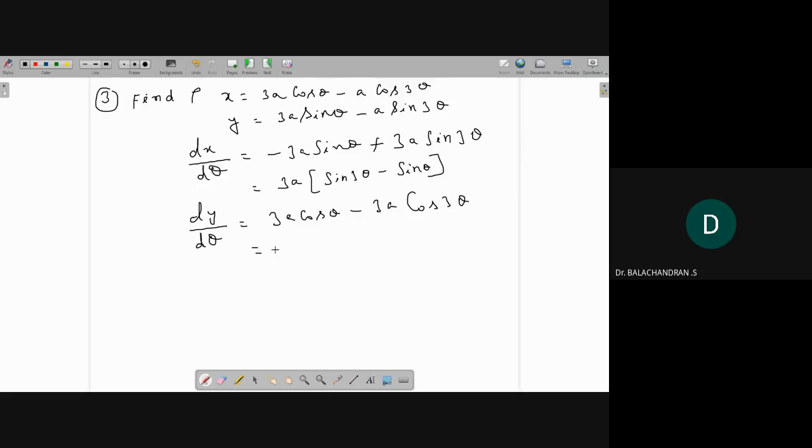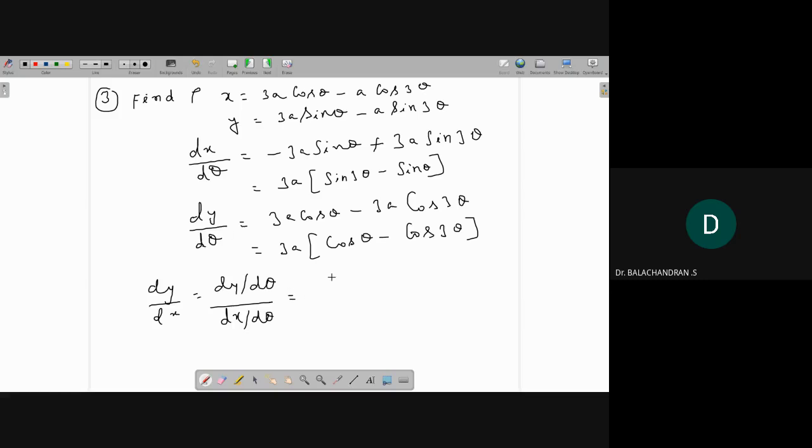So if you take 3a commonly, you have cos theta minus cos 3 theta. Now dy by dx equal to dy by d theta divided by dx by d theta.